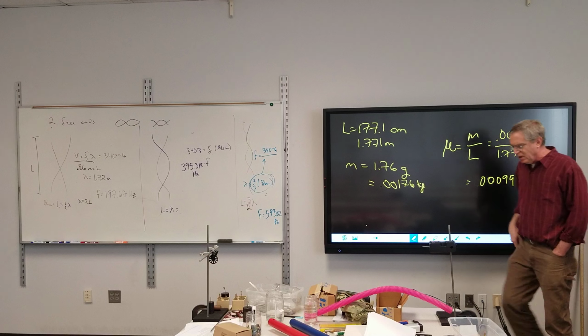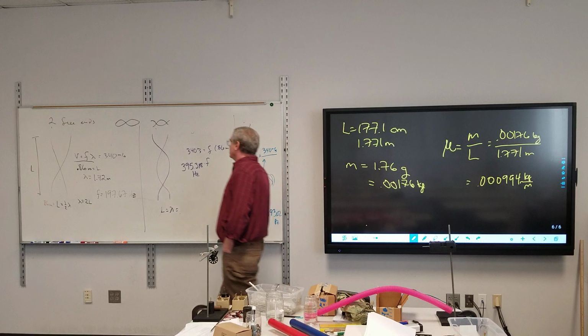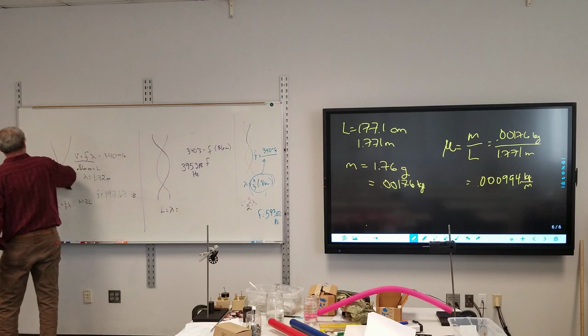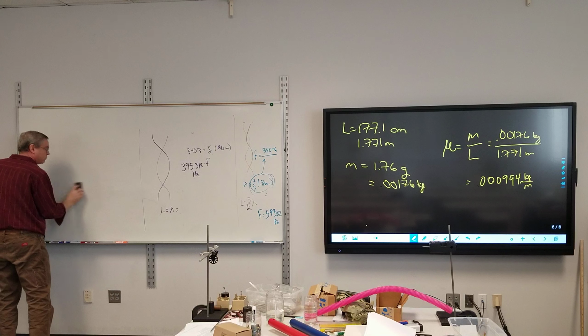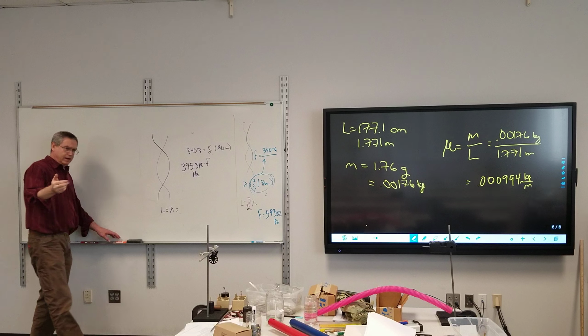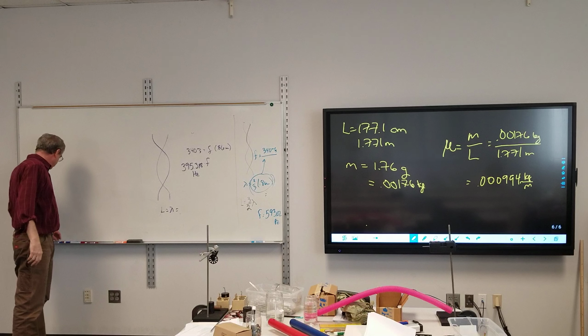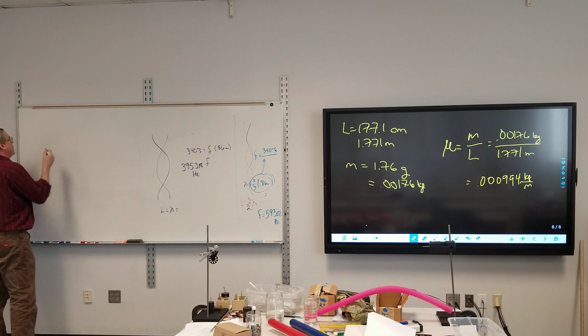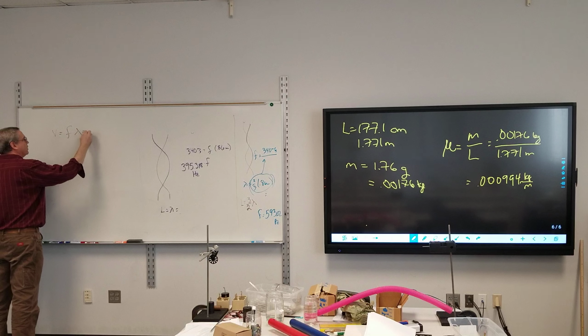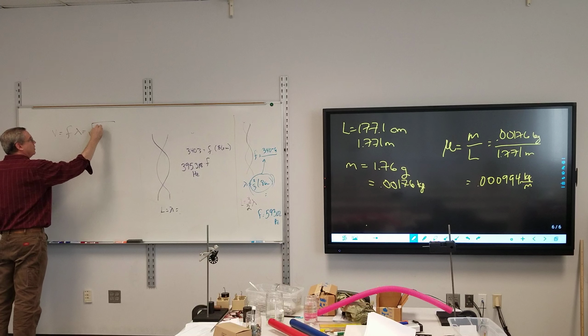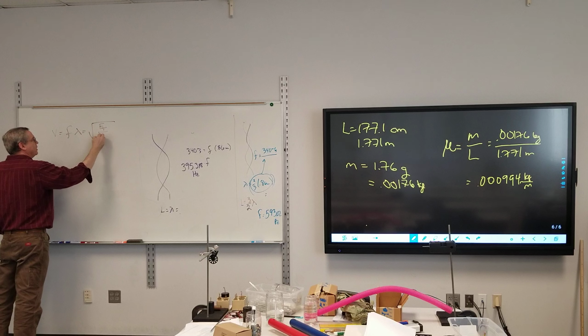All right. So we have the linear density. We need to call back that formula: if I have a wave traveling along a linear medium, the speed I know is frequency times the wavelength, but it's also going to be the square root of the tension divided by the linear density.